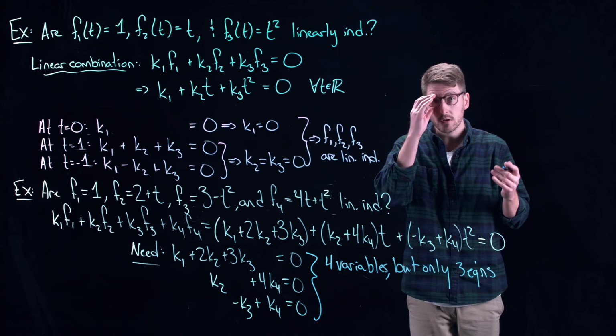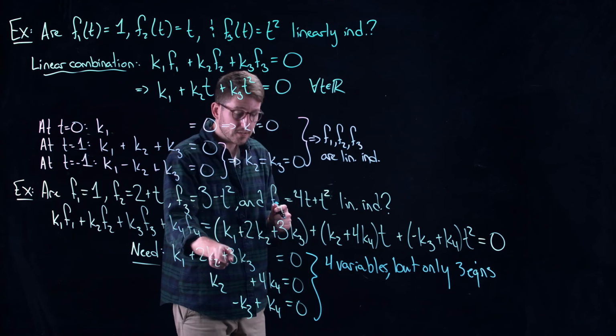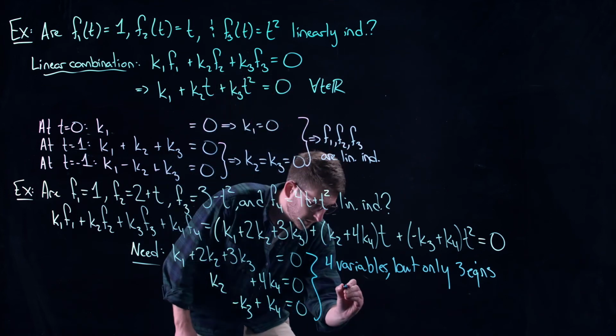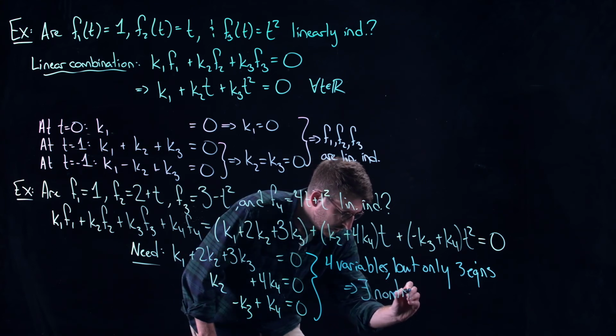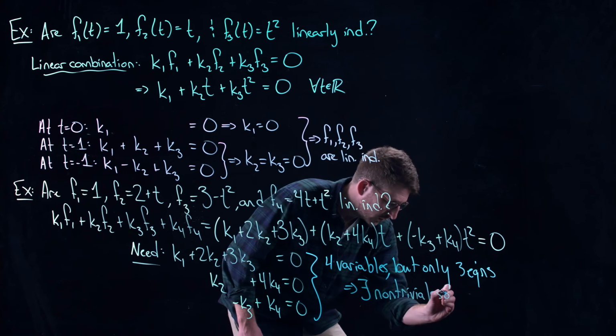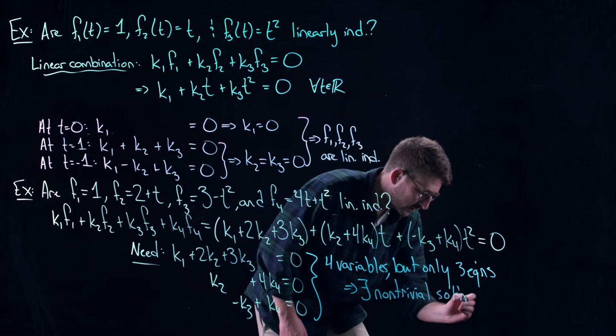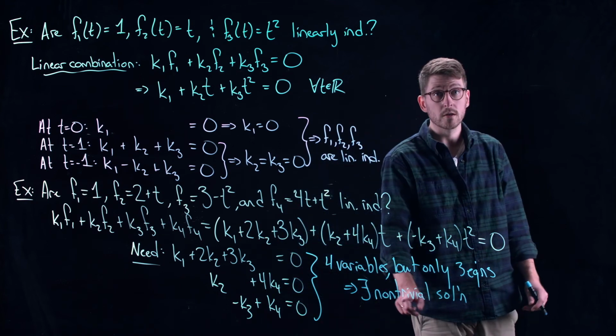There's a non-trivial kernel. But that means that there is a non-trivial solution. So that means that there exists a non-trivial solution, which is not all K1, K2, K3, K4 equal to 0, right?